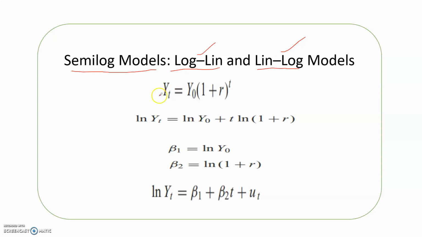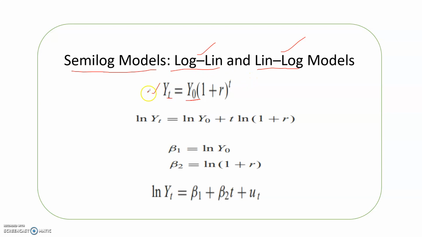So in a semi-log model, either the dependent variable or the independent variable is going to be in logarithmic form. Yt here denotes the real expenditure on services at time t, and y naught is the initial value of the expenditure on services.